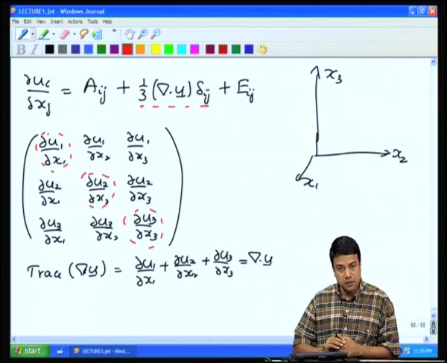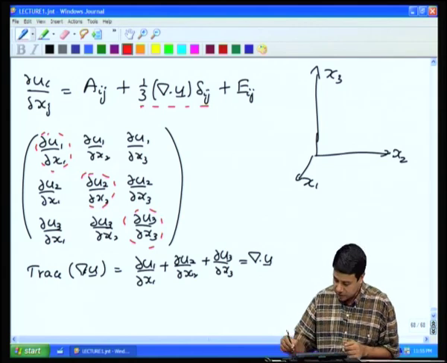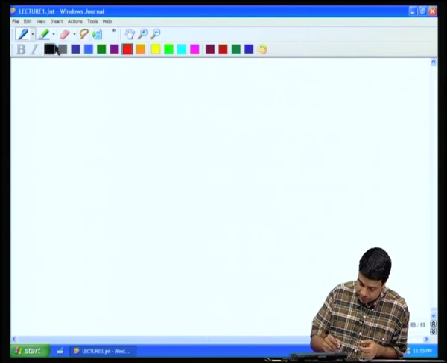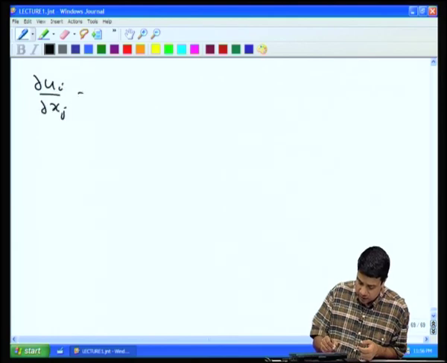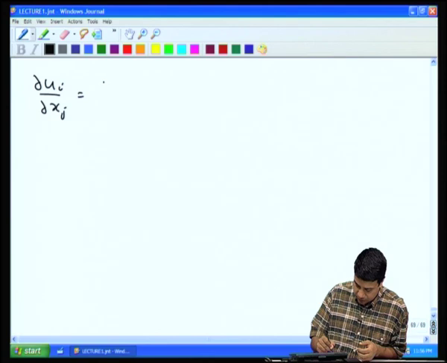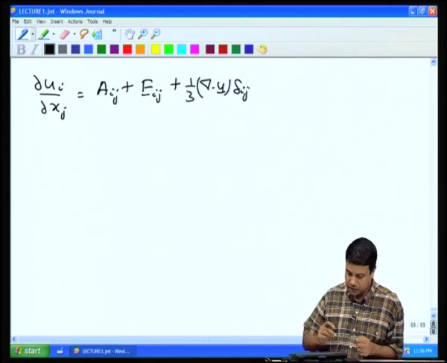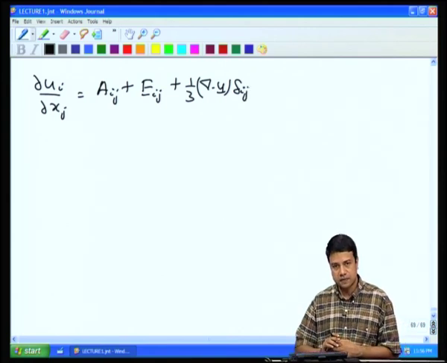The easier way to see it is from tensor notation. If I have partial ui by partial xj equal to Aij plus Eij plus 1 by 3 del dot u delta ij, what is the trace of this tensor?